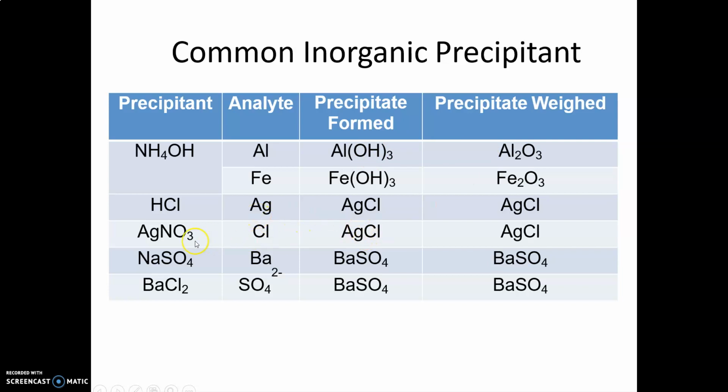But for, let's say here, silver, Ag, you react with hydrochloric acid and form the precipitate silver chloride, which we just dry, no need to ignite it because this form of compound is already stable. So lastly, after you dry it, you just weigh it, and the precipitate weight is in the form of silver chloride.